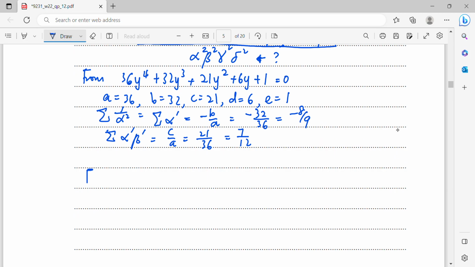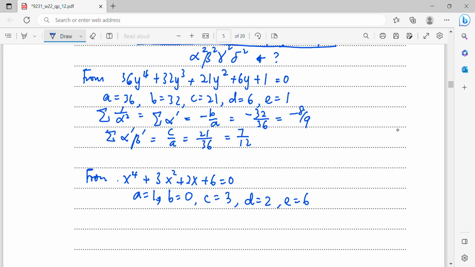From x to the power 4 plus 3x squared plus 2x plus 6 equals 0, A equals 1, B is 0 because there's no cube term, C is 3, D is 2, E is 6. We know that alpha, beta, gamma, delta is E over A, which is 6 over 1.